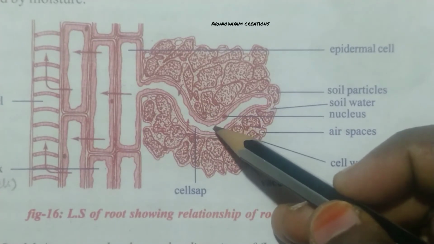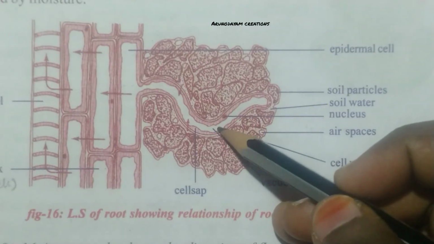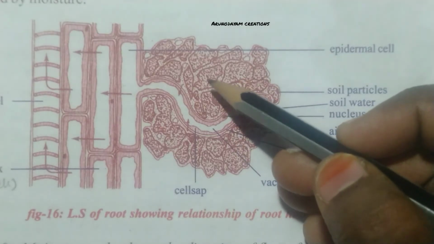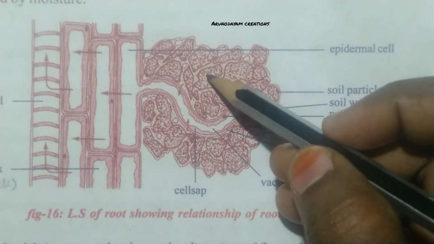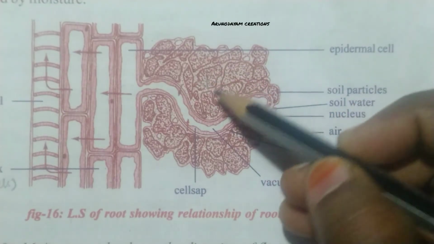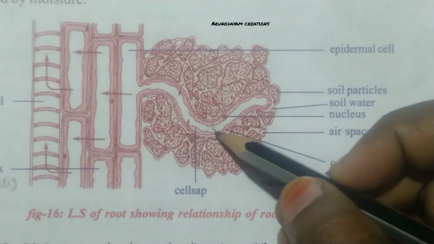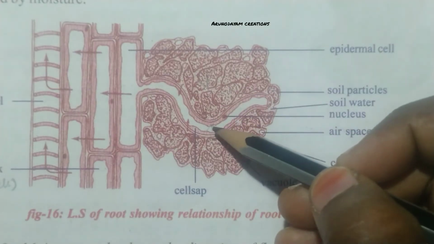Here the concentration of water is less, amount of water is less and salts is more in root hair. But in soil water is more and salts are less here. So the concentration is low in soil particles and high in root hair. Concentration of salts is low in soil and more in root hair.